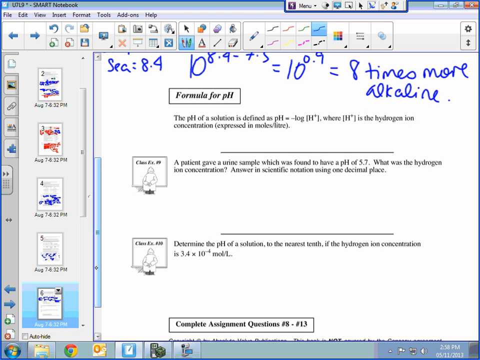The pH of a solution is defined as pH equals negative log of your hydrogen ion concentration. So a patient's urine sample was found to have a pH of 5.7. What was the hydrogen ion concentration? So I have 5.7 equals negative log of H plus. So if I'm trying to find my hydrogen ion concentration, let's get rid of that negative. So if I multiply by a negative 1, you just make the opposite side.